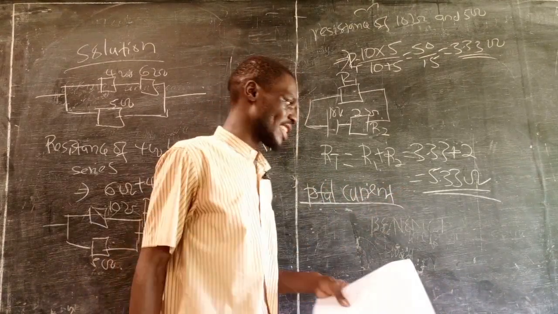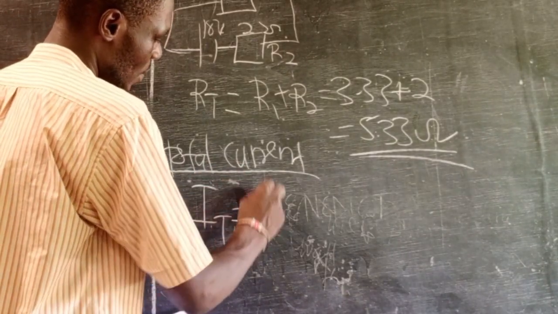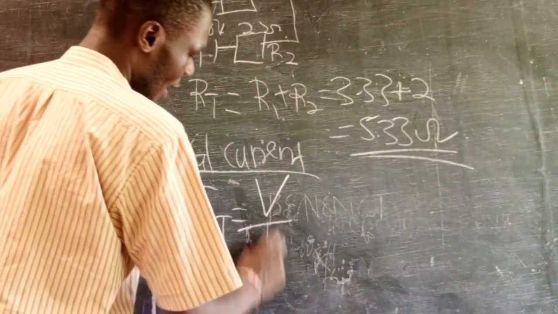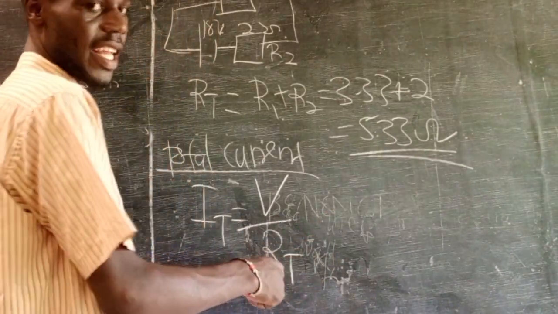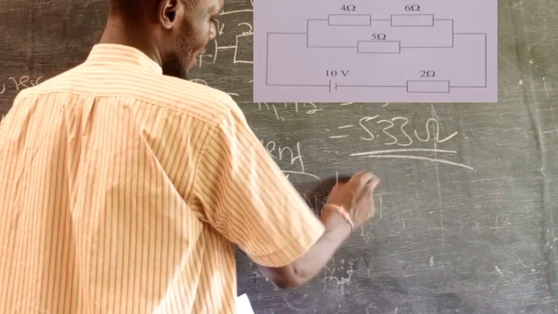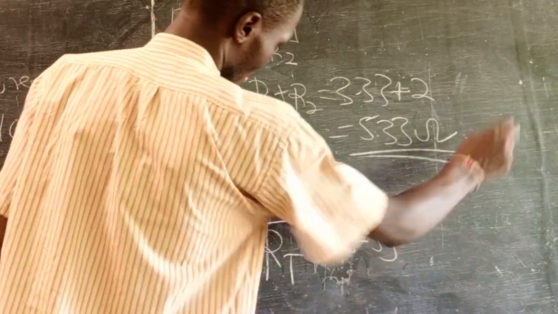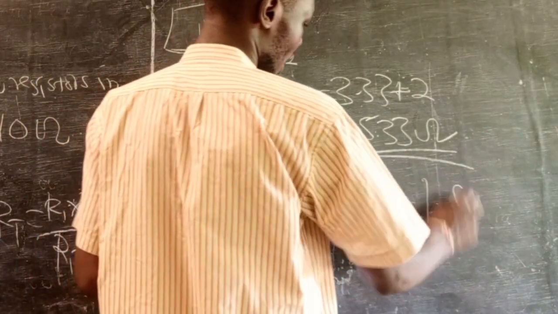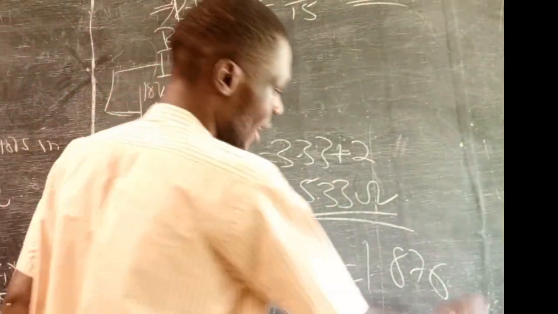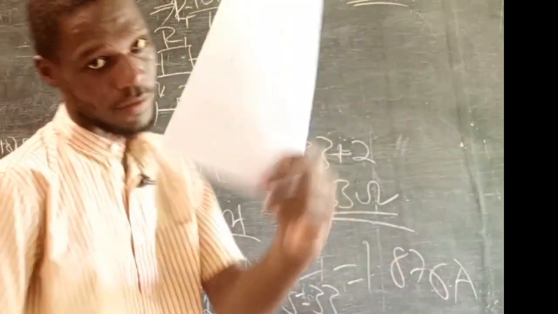To find the total current is simple: the total current is the total voltage divided by the total resistance, which is 10 divided by 5.33. That gives us 1.876. Anytime you are calculating something using a calculator in physics, always make sure you leave it in 4 significant figures. That is very important.